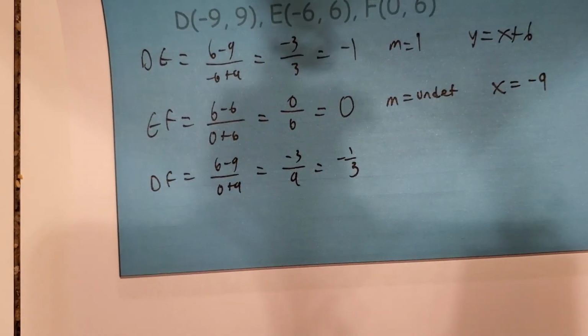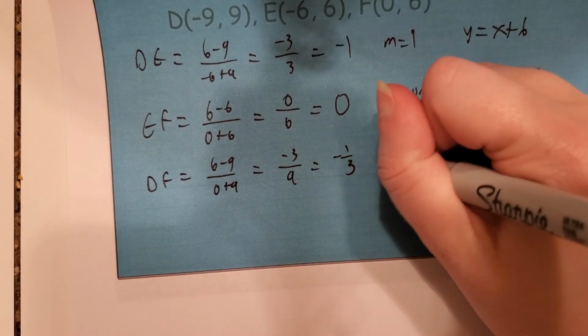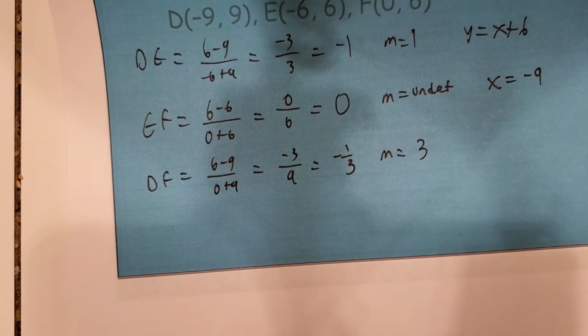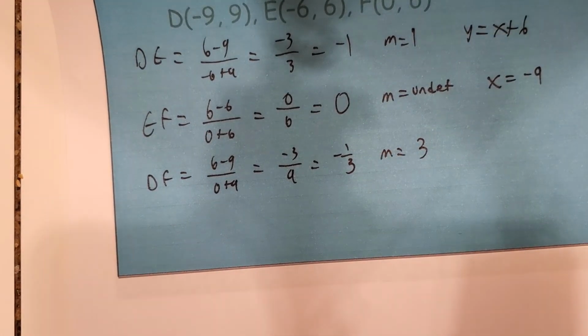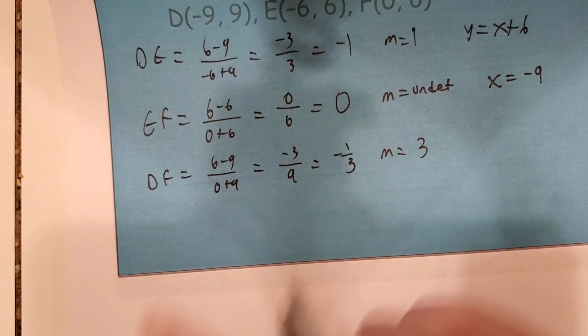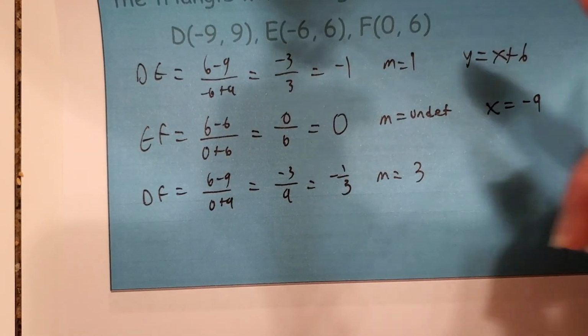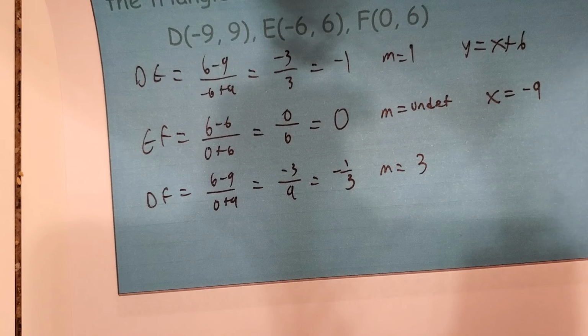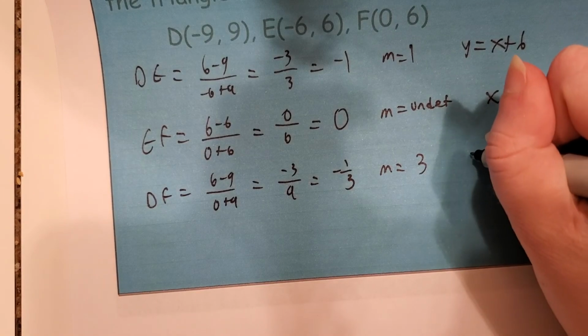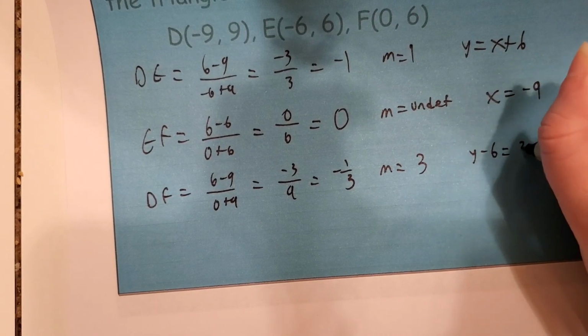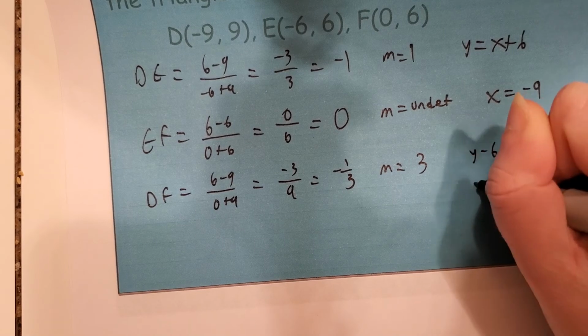And then DF. So that's the slope of DF. The opposite reciprocal is 3. And we want it to pass through the remaining point, which is E. So we do have to do a little bit of work for that. That is y minus 6 is equal to 3 times x plus 6.